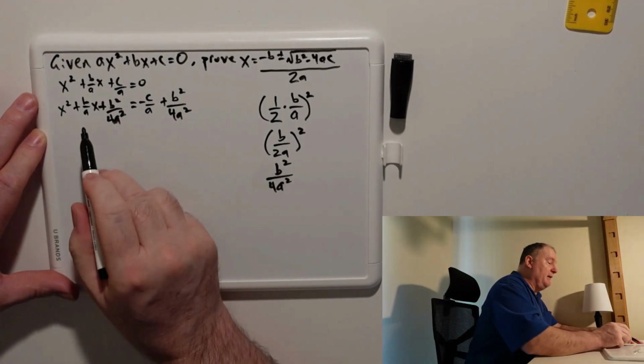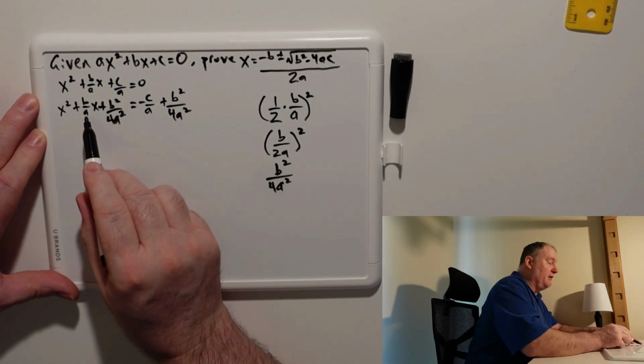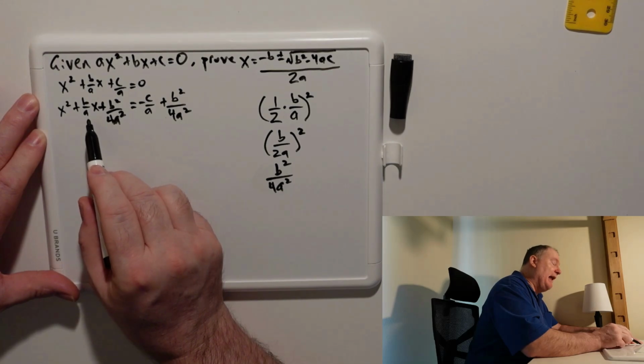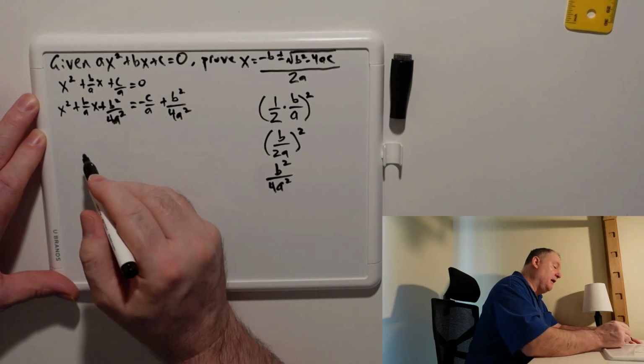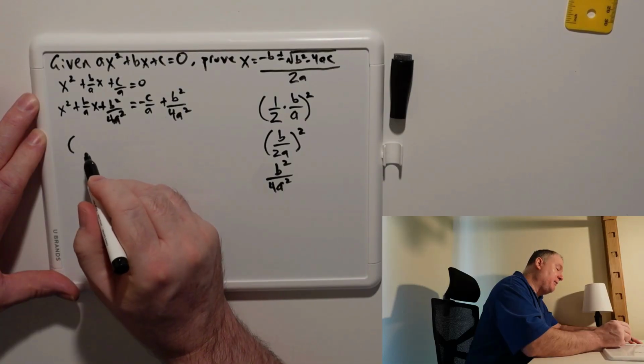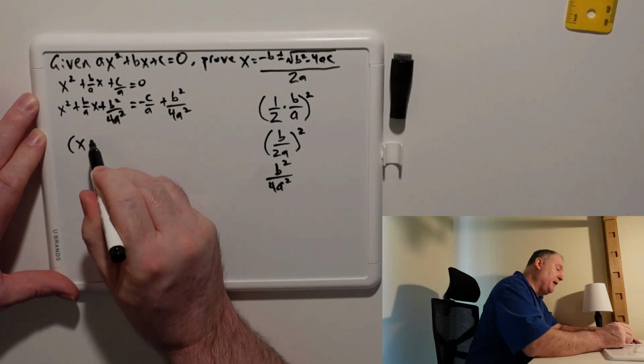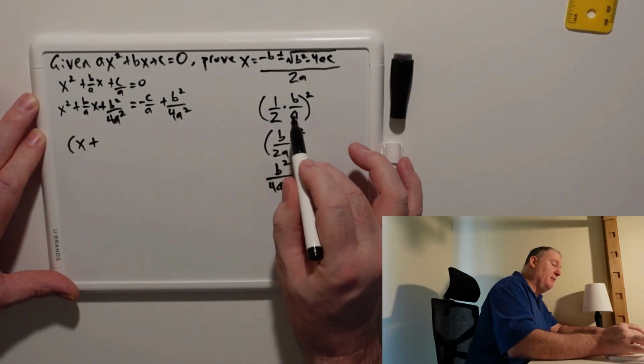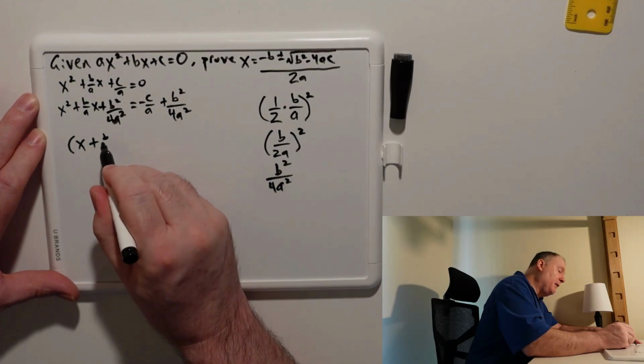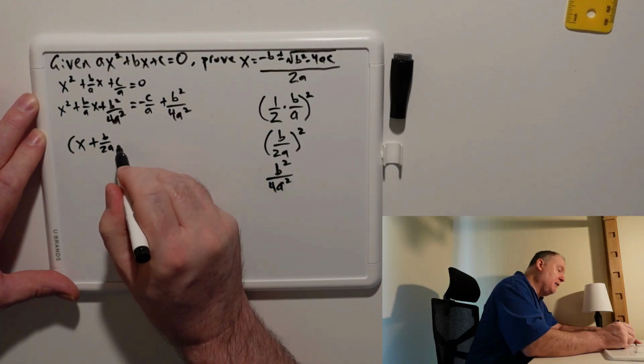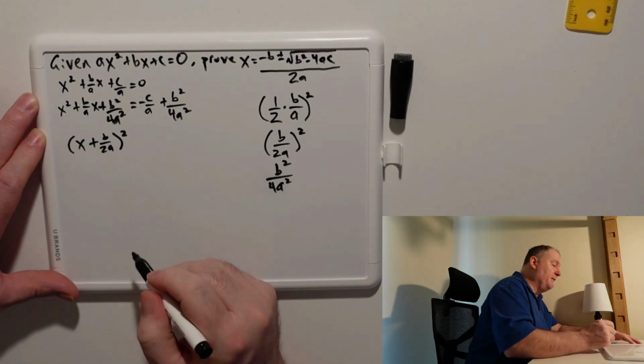By halving this term and squaring it, that allowed us to factor this with one of our special factor products: x plus b over 2a, squared.